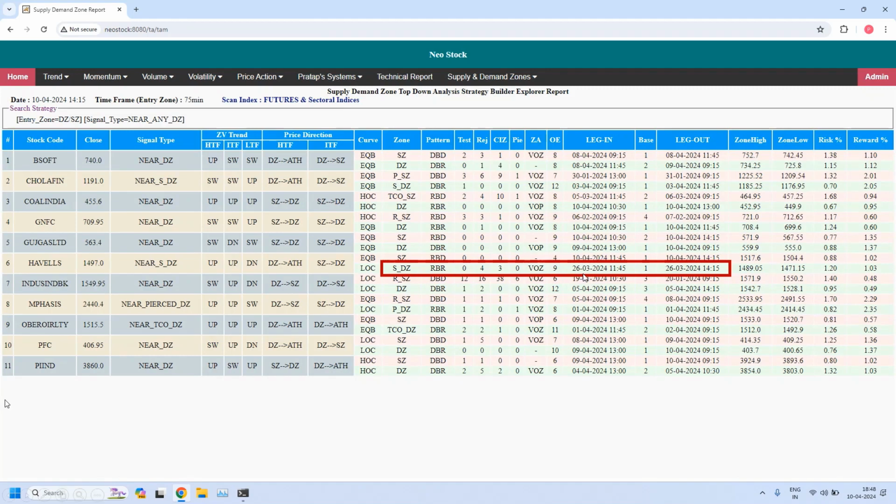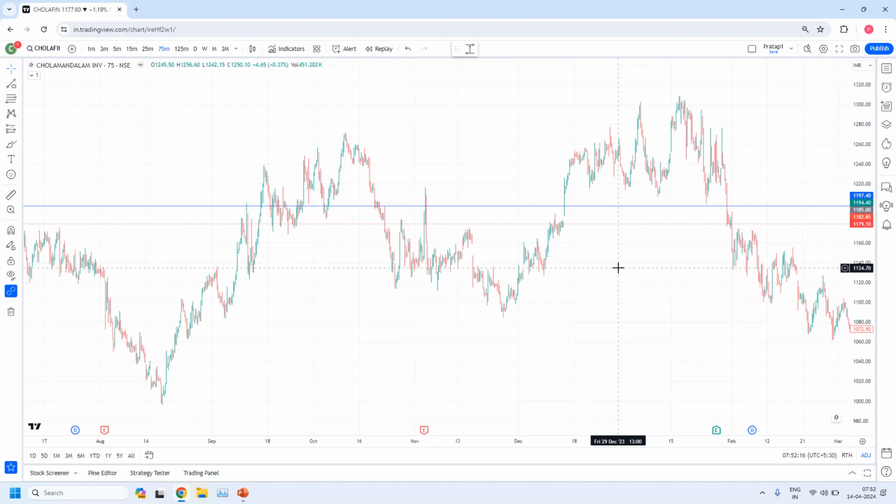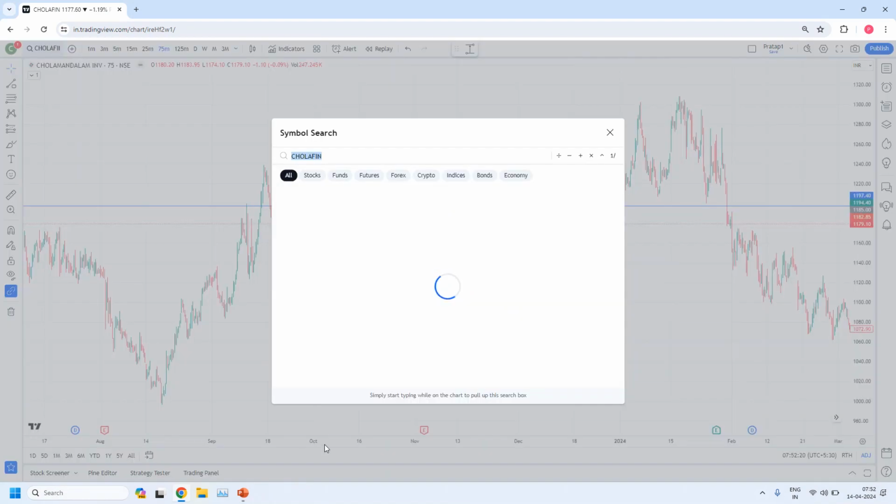Okay, this zone is created on 26th March 2024 at the 11:45 candle. After that, one base candle. This is Havells.